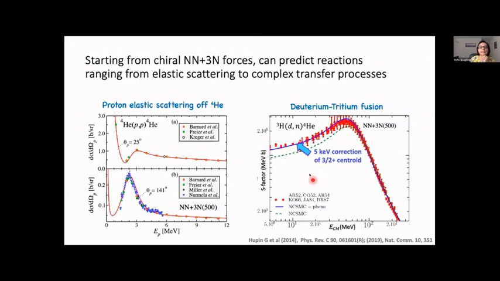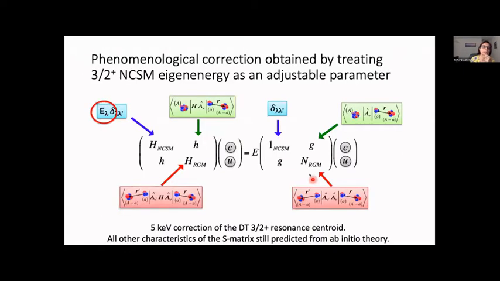But what can be done in the no-core shell model with continuum is that one can actually use the no-core shell model eigenvalues of the no-core shell model part of the basis as adjustable parameters.